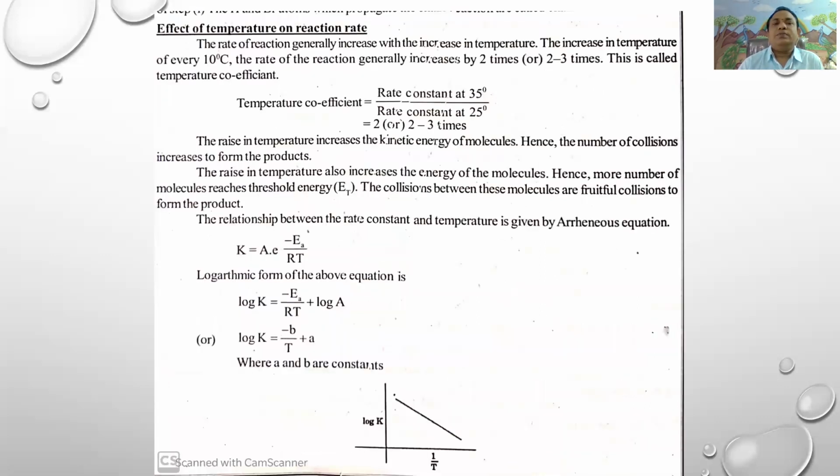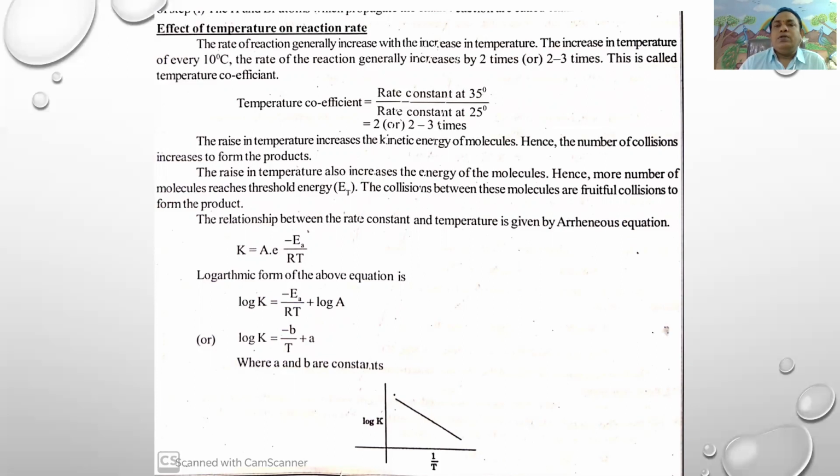temperature effect on rate of reaction. Generally, most chemical reactions depend upon the temperature of the reactants. The rate of reaction generally increases with the increase in temperature.